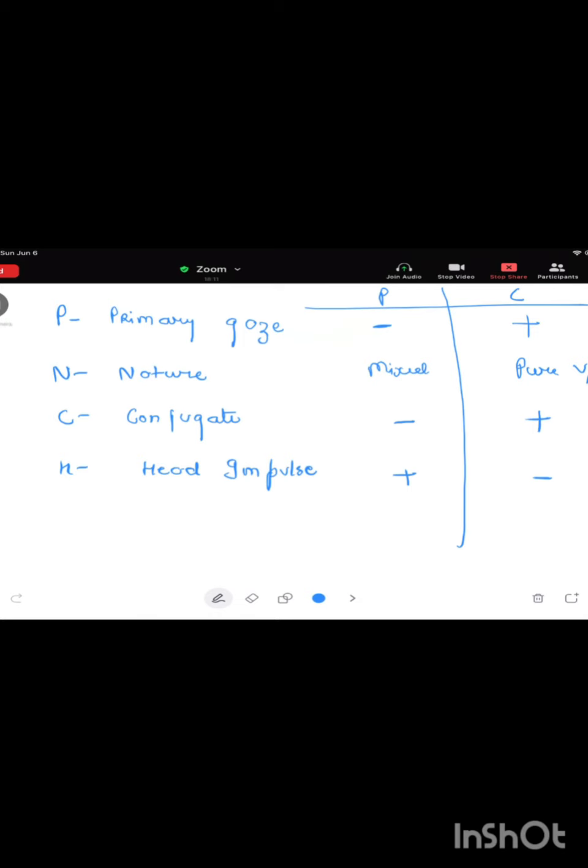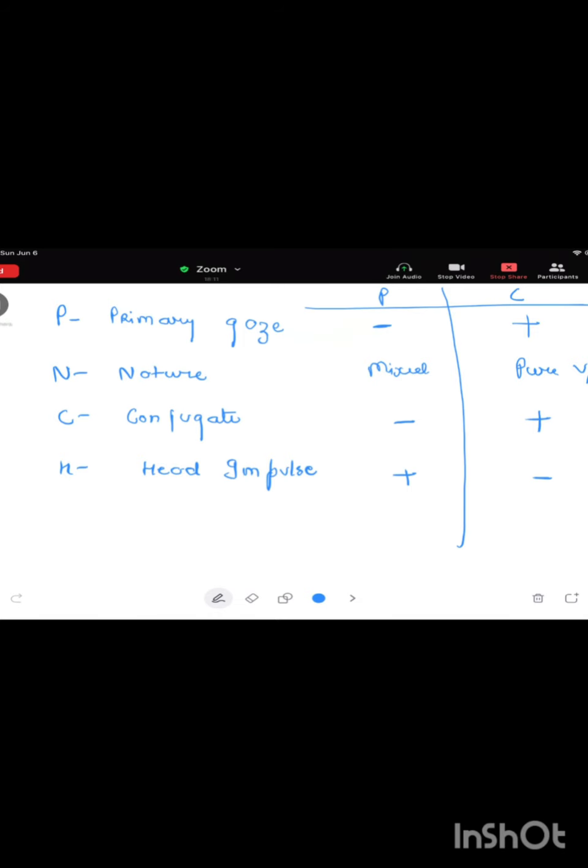Now if the HOD looks right or left, the entire department works according to him, in synchrony. What I mean to say is the nystagmus due to the central cause will be conjugate, but in the peripheral it won't be conjugate. And who will have the head impulse, the JR or the HOD? It will be the JR. So in peripheral nystagmus, the head impulse will be present.